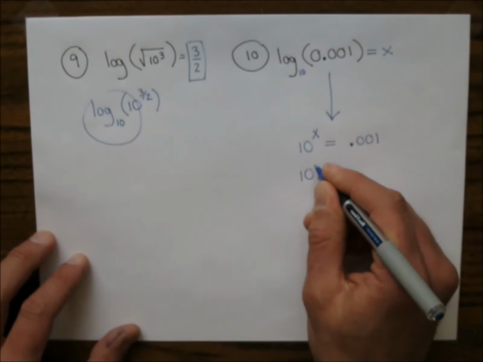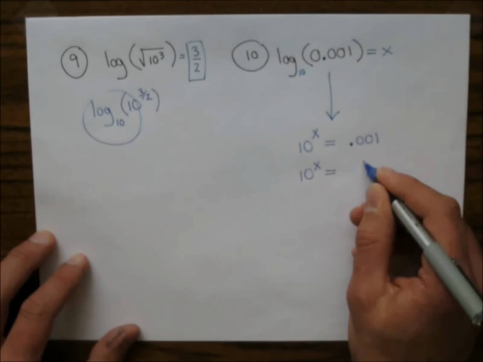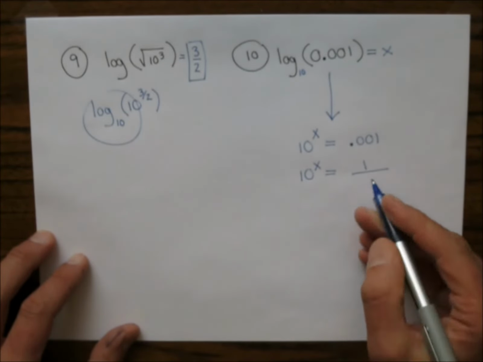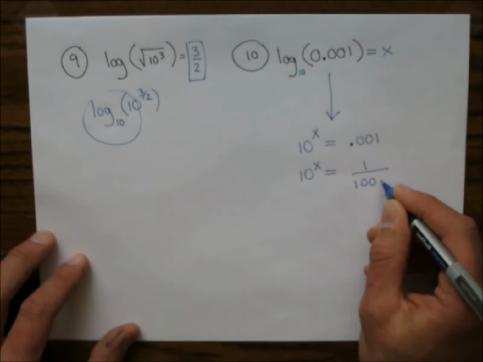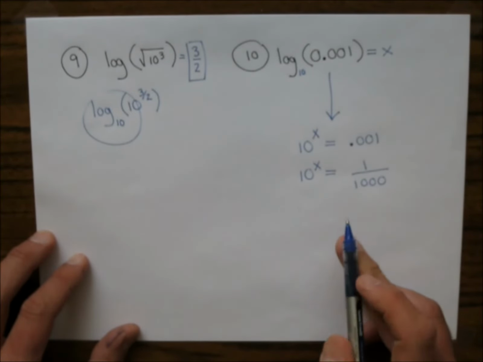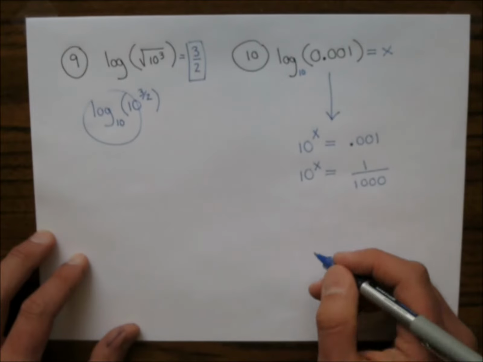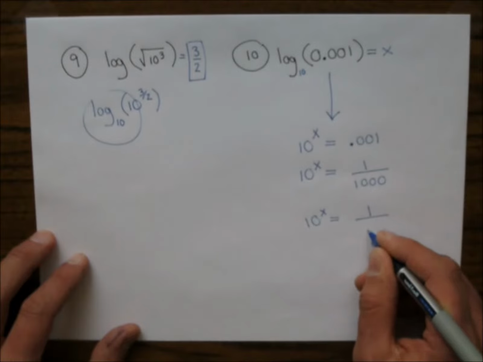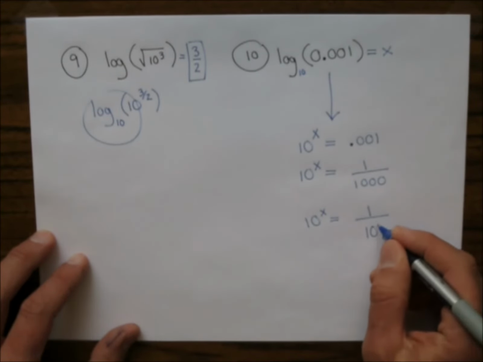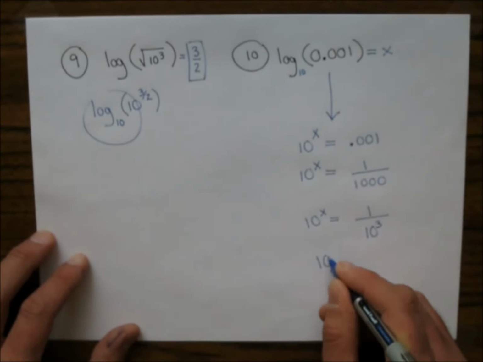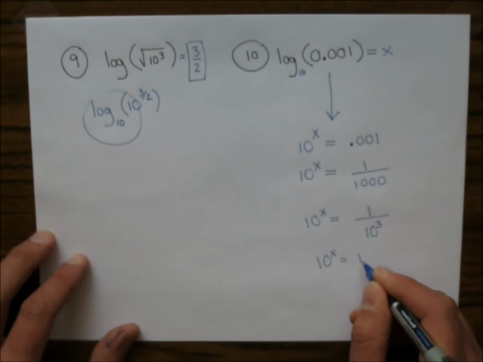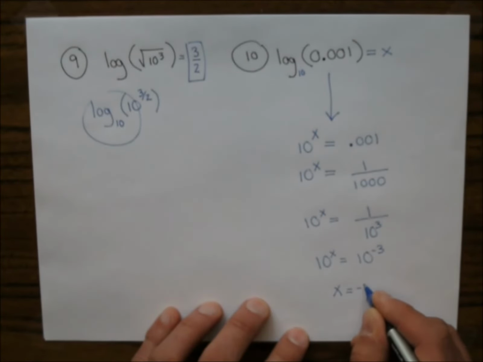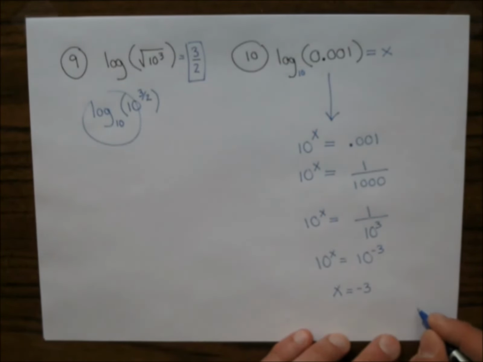Well, that 0.001 happens to be 1 over, there's actually 3 things after the decimal point, so there will be 3 zeros here. That's 1 over 1,000. The common base we can get is base 10. And so this is 10 to the 3rd. Cross the line, change the sign. This is 10 to the -3. X equals -3. So our answer is -3.